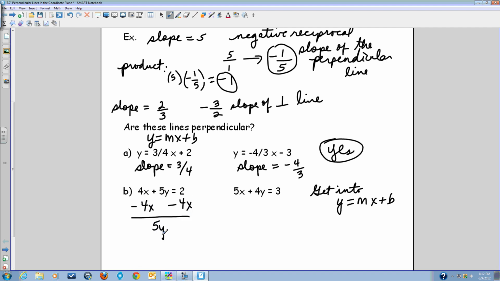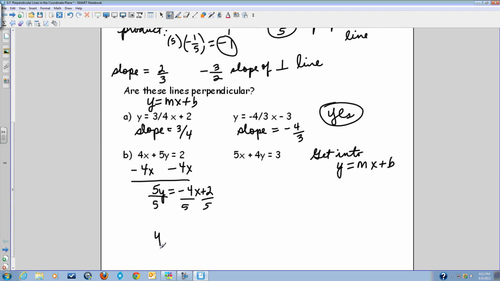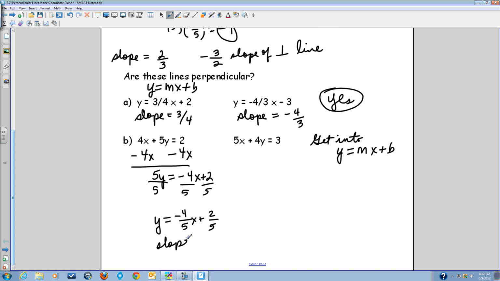You're solving for y here, so you're going to have 5y = -4x plus 2. Divide everything you see here by 5, every term. So we end up with y = -4/5 x plus 2/5. So the slope of this line is -4/5.